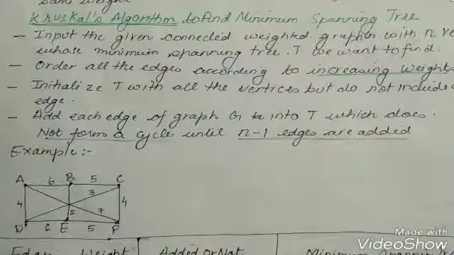So firstly, this statement tells us how many edges we can include in the spanning tree, that is n minus 1 edges, and there is a condition that there should not be any cycle. So first thing first, we have written all the edges with the weights in increasing order.